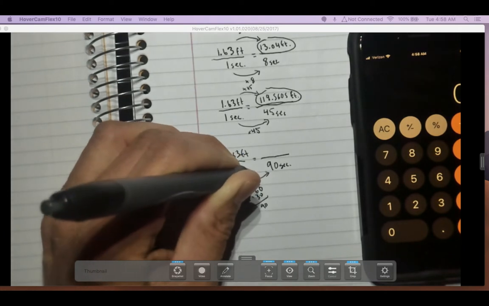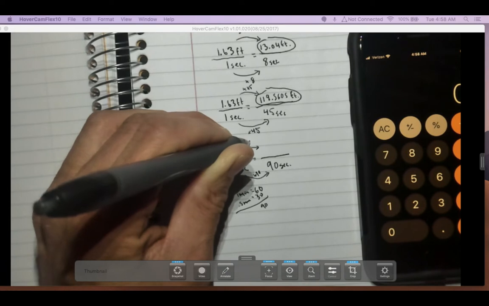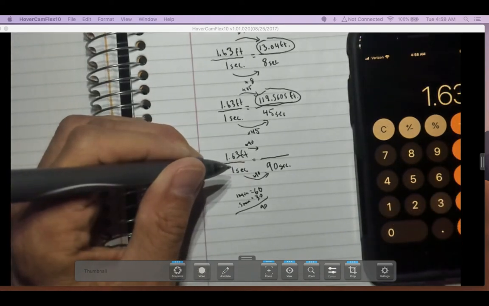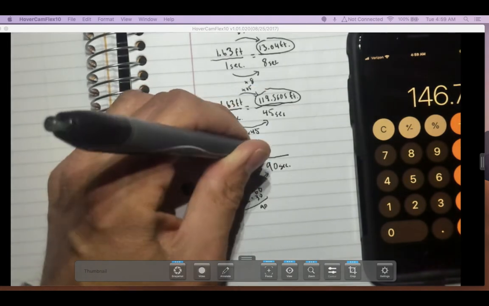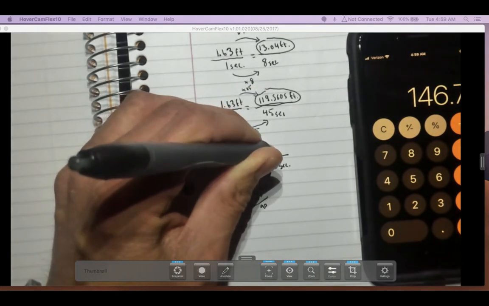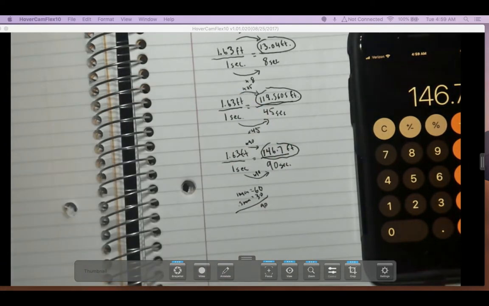I times that by 90. 1.63 times 90 equals 146.7 feet. Okay. Now, I'm going to type those in to my answers and bring them over.